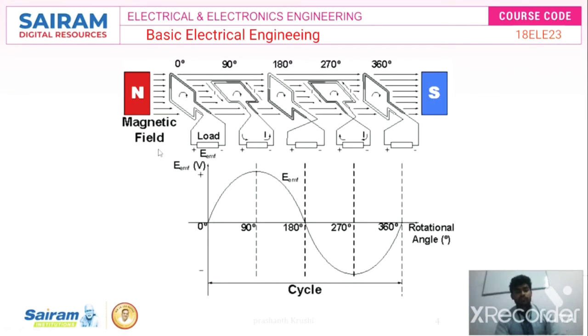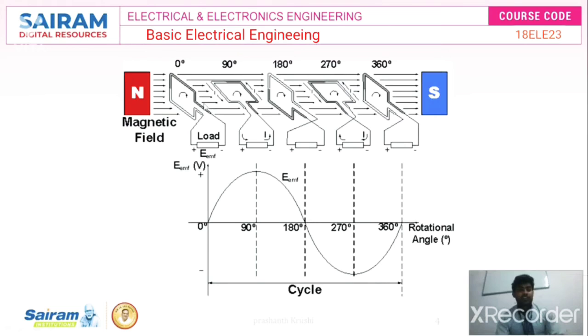Just assume there is a magnetic field present from north pole to south pole. These are flux lines, right? So 1, 2, 3, 4, 5, 6, 7, 8 flux lines will be there. You can see the picture. This diagram will give you the overall explanation of this complete module 1b.